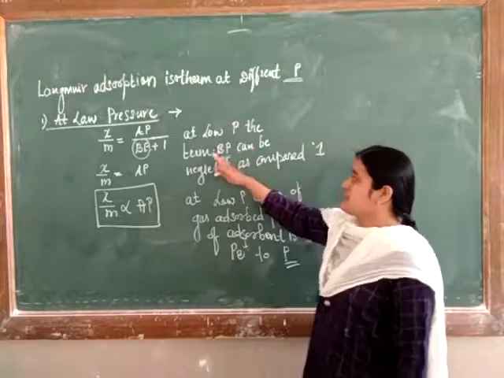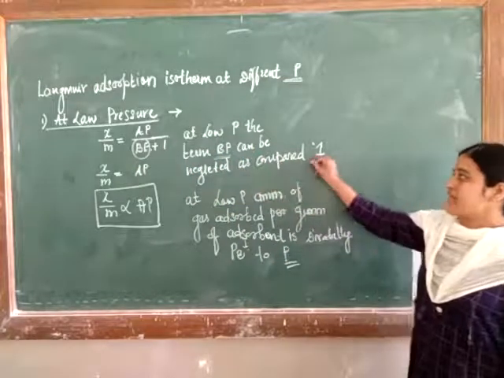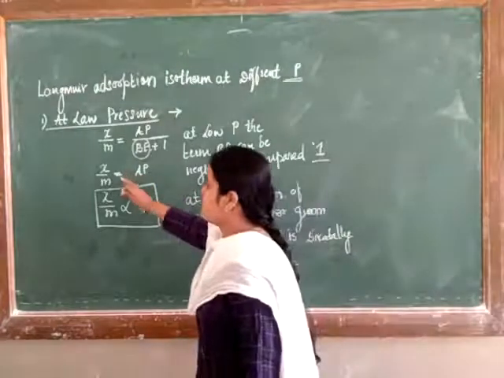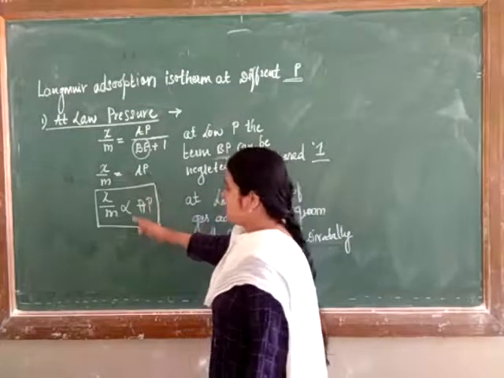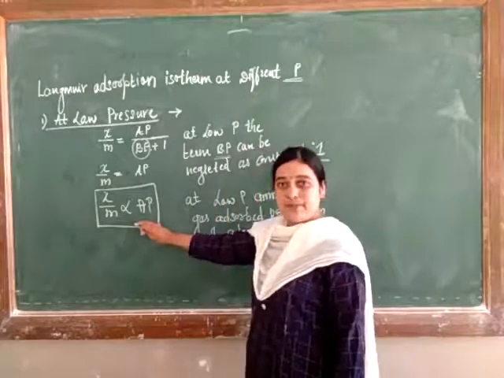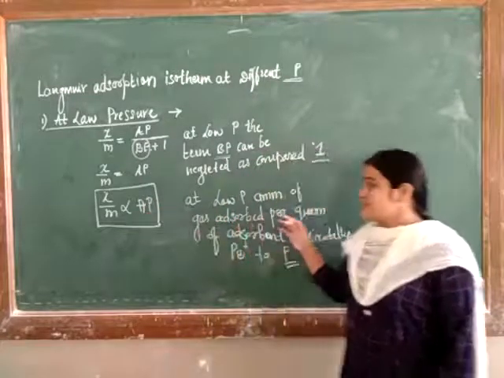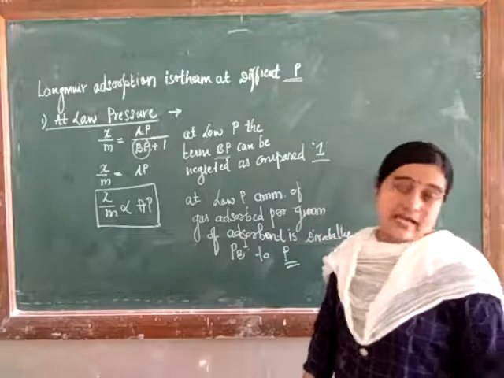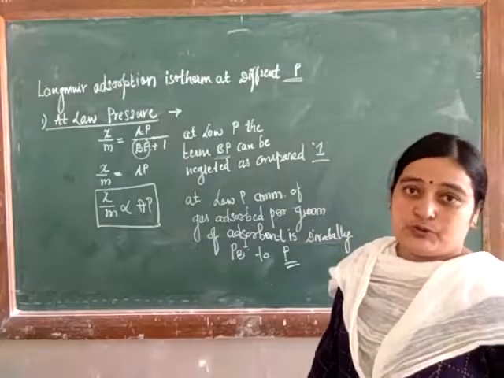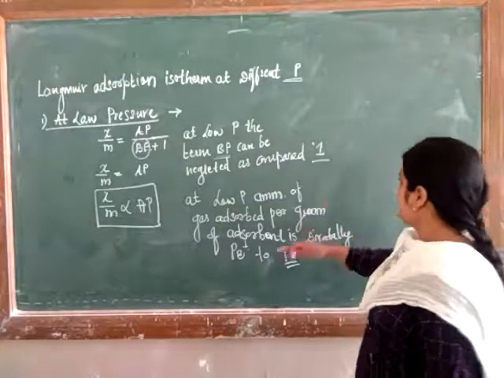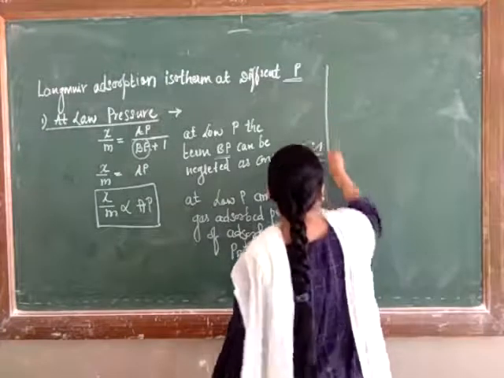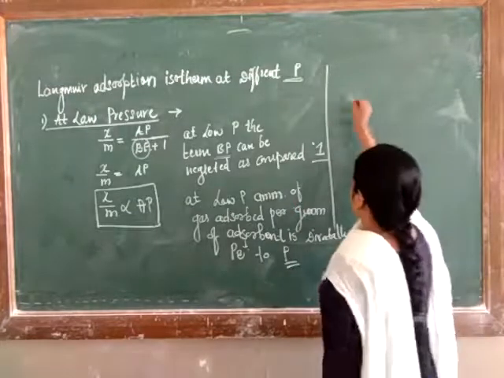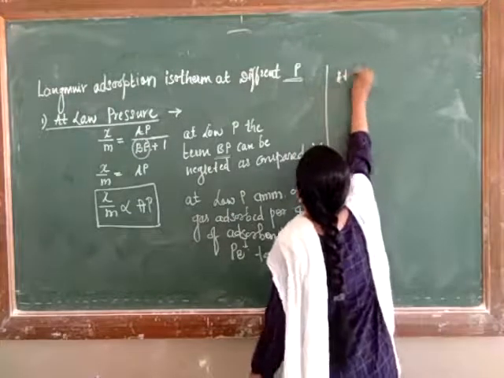At low pressure the term BP can be neglected as compared to 1, so x/m = AP, and x/m is directly proportional to the pressure. So at low pressure, the amount of gas adsorbed per gram of adsorbent is directly proportional to pressure. This is about low pressure.